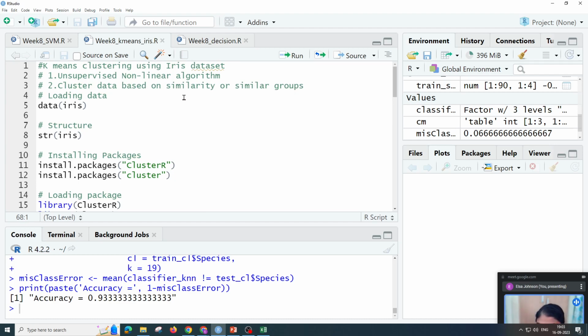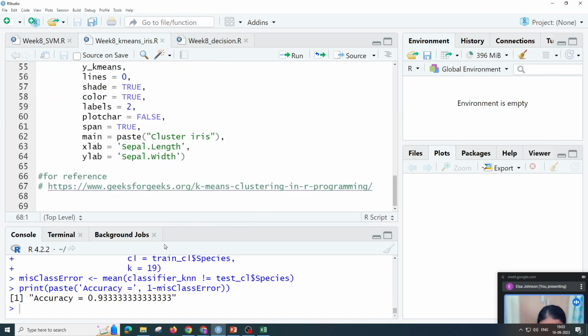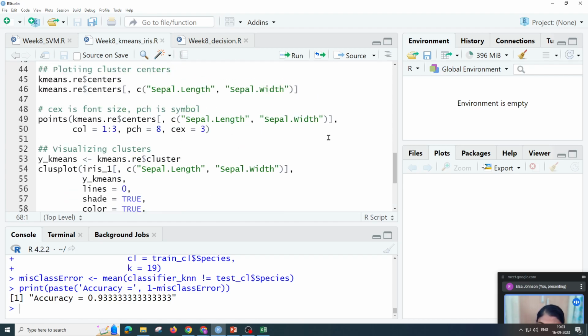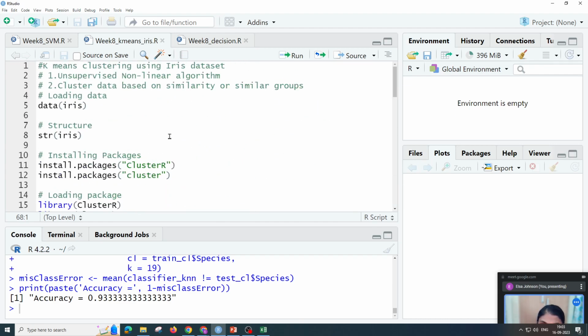Okay, so right now the data set which we have taken is the IRIS data set. So this IRIS data set has 3 classes. Okay, it is a supervised problem. Your data set has petal length, petal width, sepal length and sepal width, and it also has labels as 3 different classes.